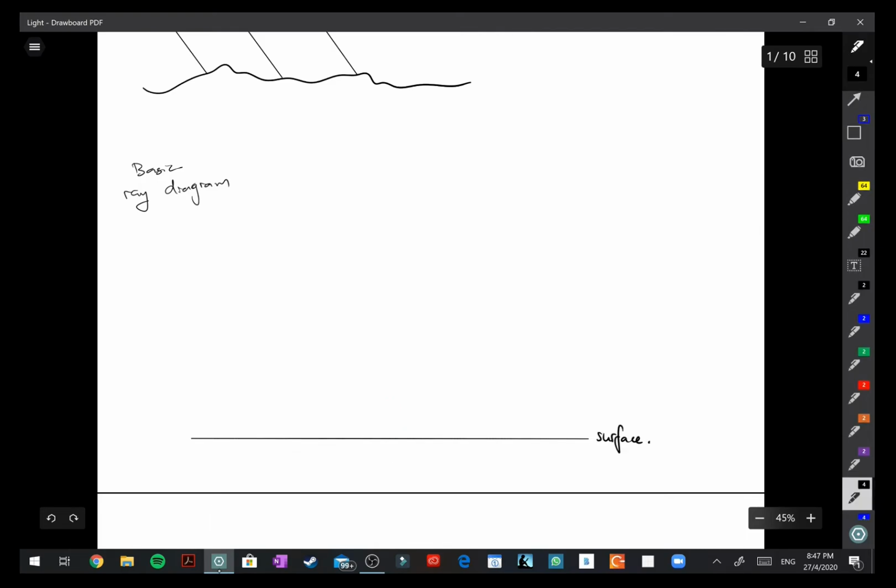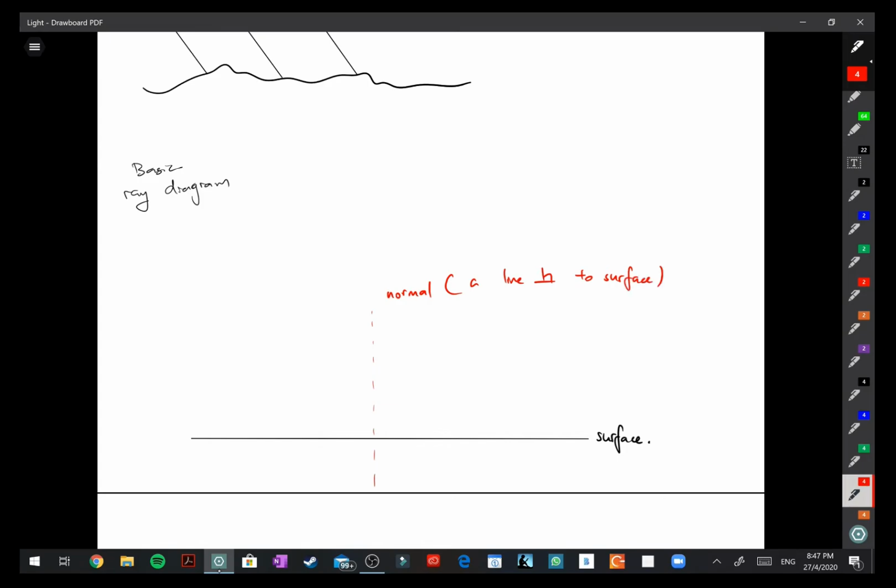I have a surface here. Now, we will have a line that is perpendicular to the surface. We call this line the normal. Basically normal just means a line that is perpendicular to the surface. So this is 90 degrees. I'm going to not write that to avoid confusion.